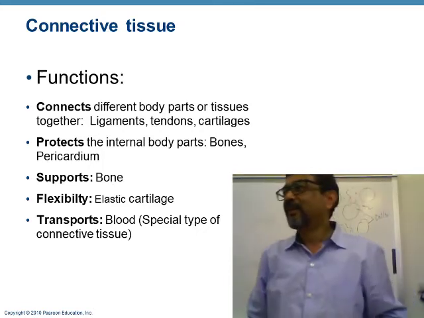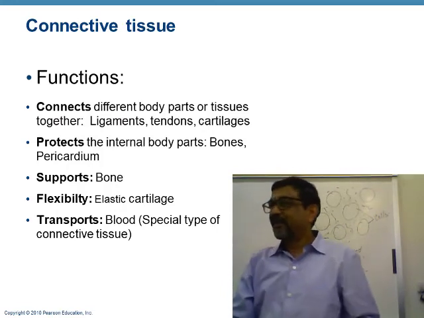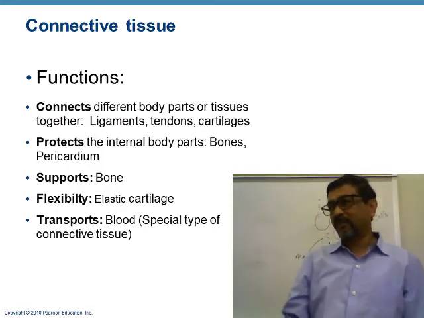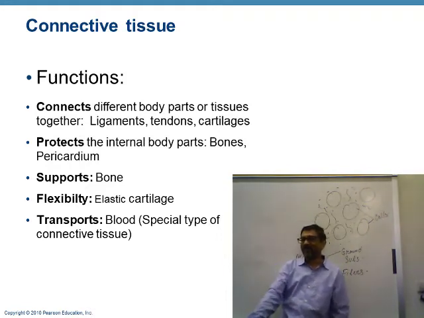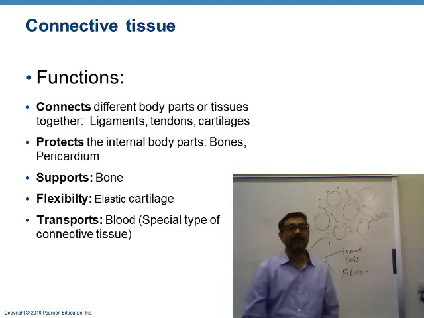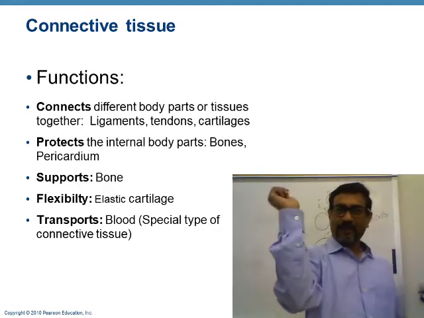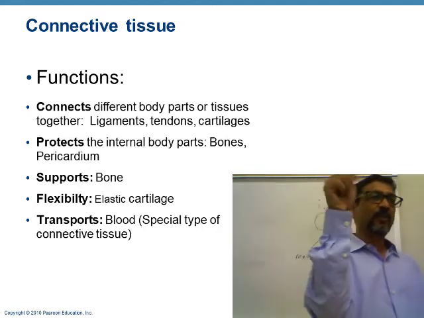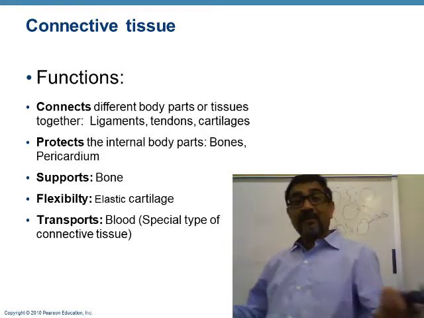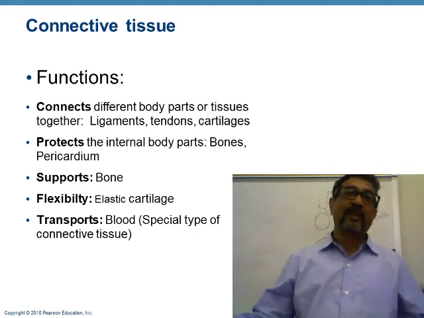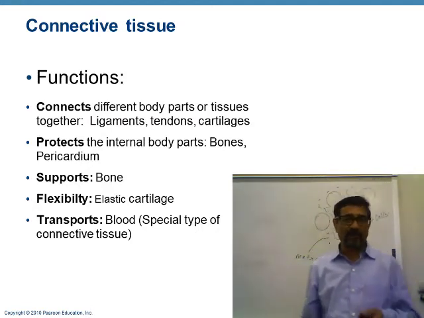Tendons connect muscle to bone. Above the patella you have the quadriceps tendon that connects the muscle to the patella. Below the patella you have the patellar ligament, which is used for the knee jerk or knee reflex. So, a good example of how connective tissue connects.